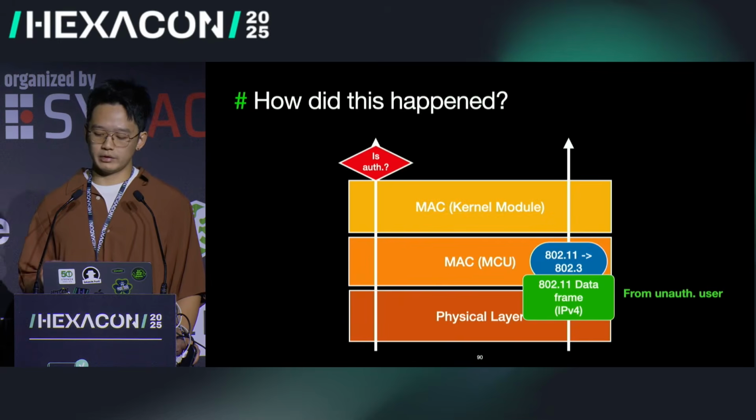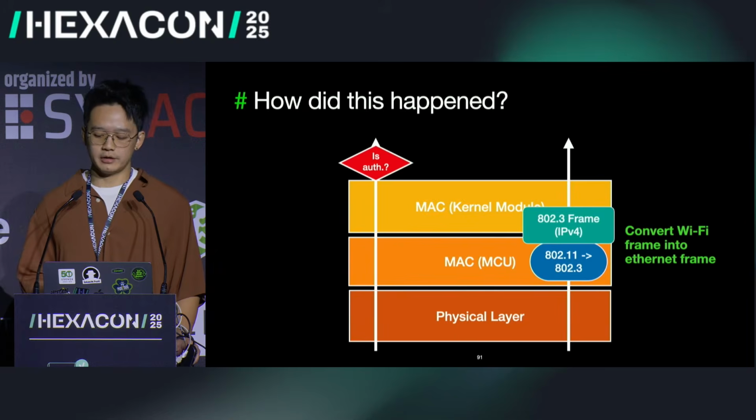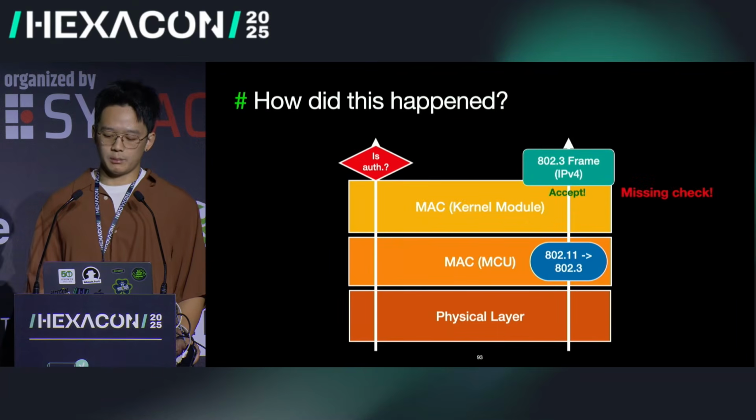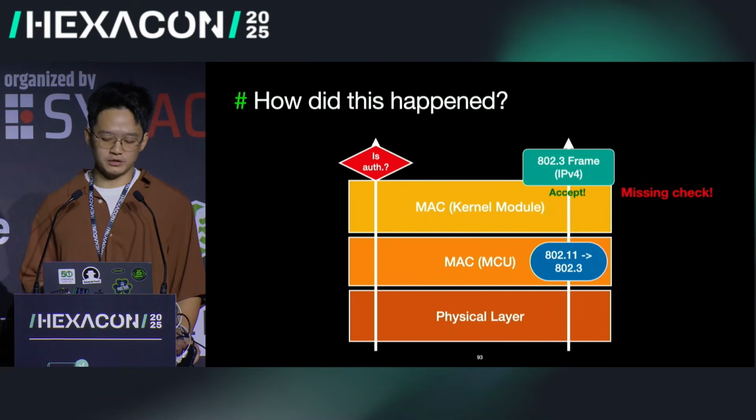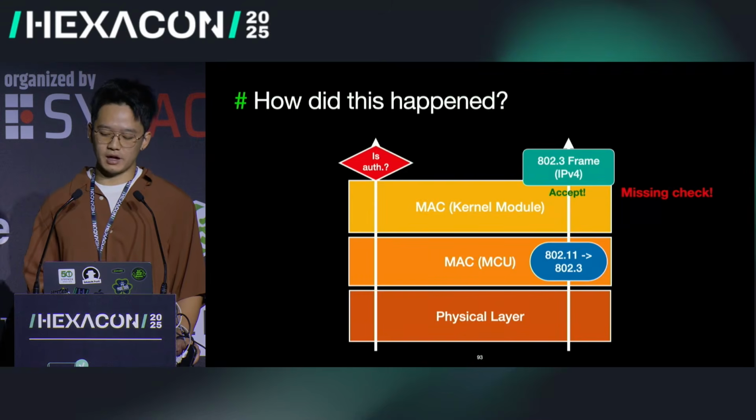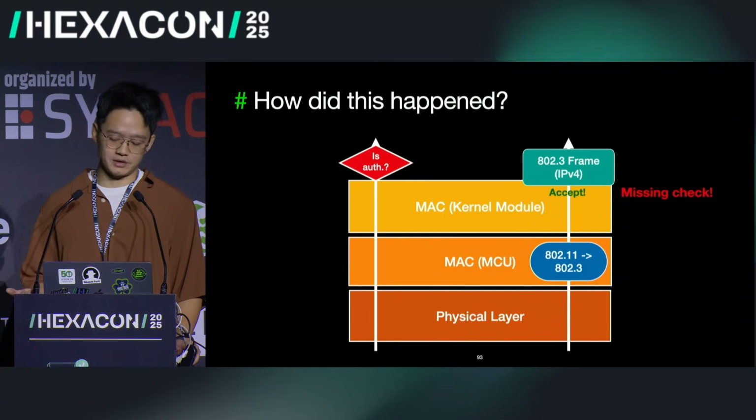When the MCU receives a Wi-Fi frame, it first converts it into an Ethernet frame. Next, the Ethernet frame is sent up to the Wi-Fi kernel module. But here, there is no check to see if the source is authenticated, which means anyone can send arbitrary plaintext data frames, and the AP will just accept them.